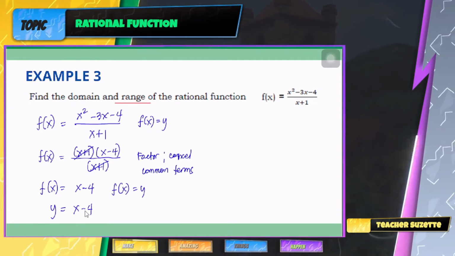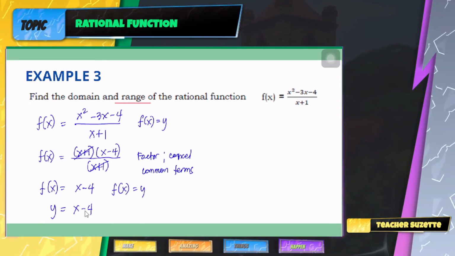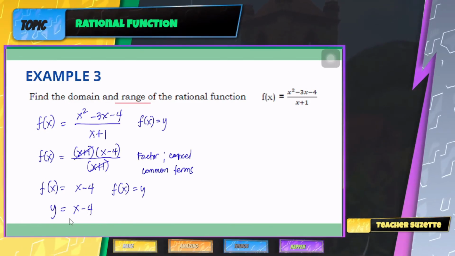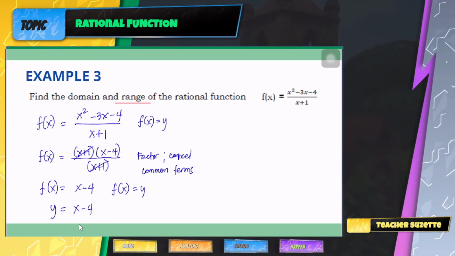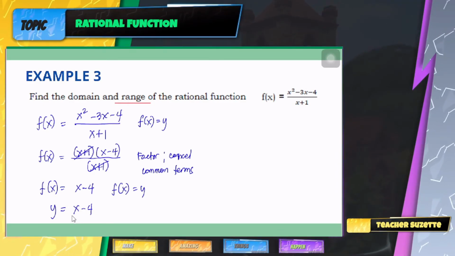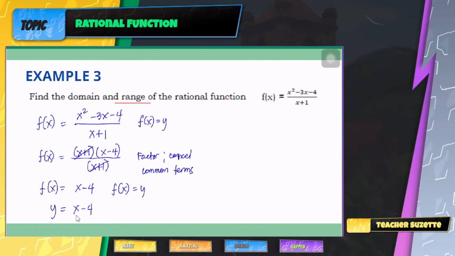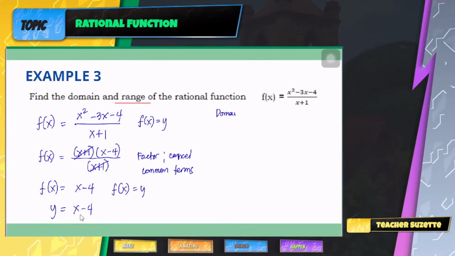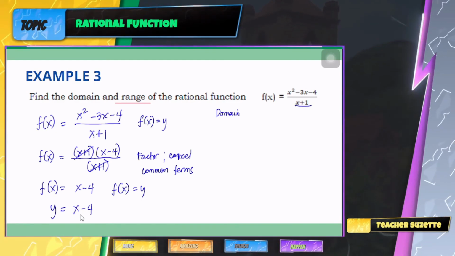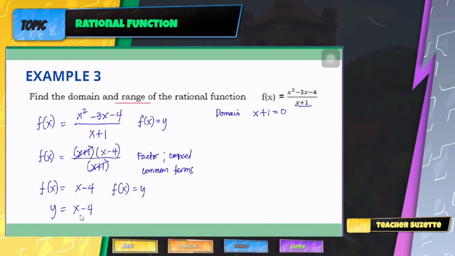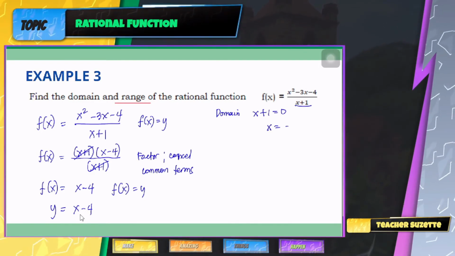So, how will this be solved? What value of y would be the restriction of your graph in terms of range? For this one, you need to get the value of your x. If you still recall, our domain earlier, x plus 1, said that your x should not be equal to negative 1.